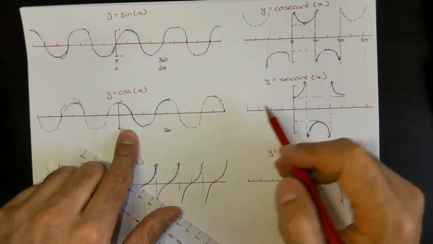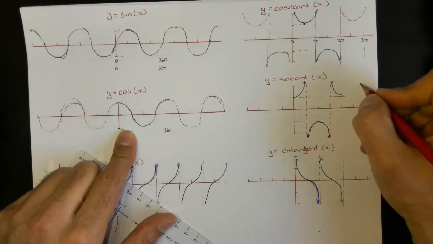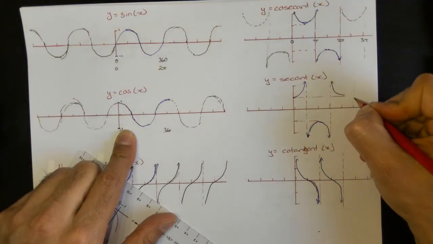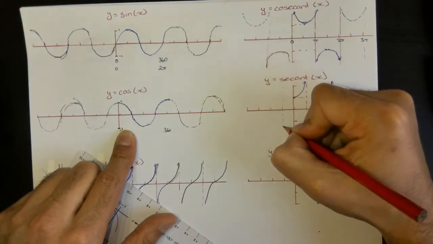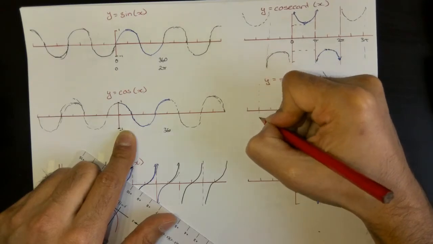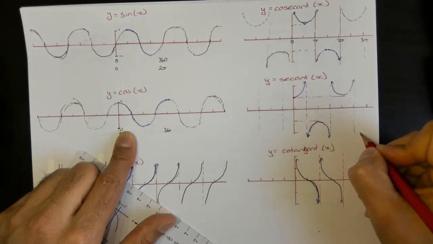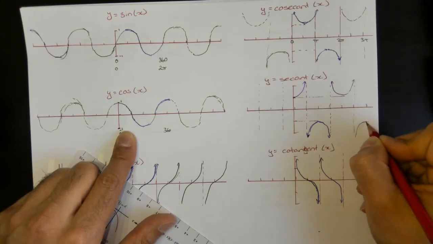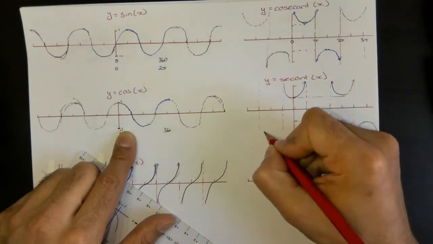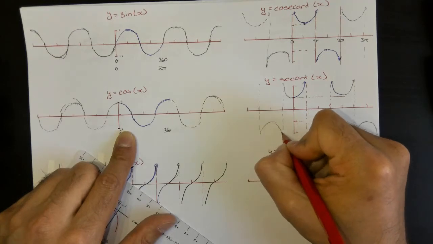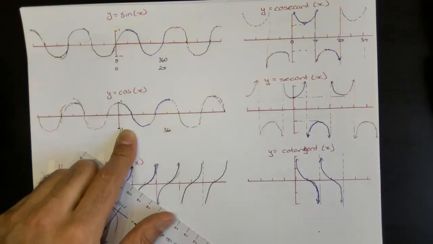With the reciprocal of cos, we get a secant, and we'll get asymptotes again. It comes off its maximum and minimum.